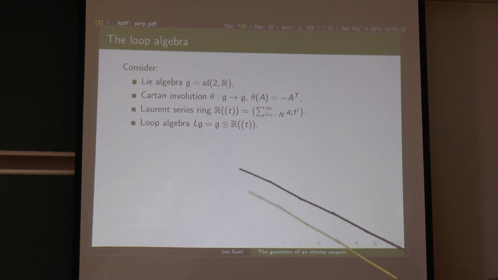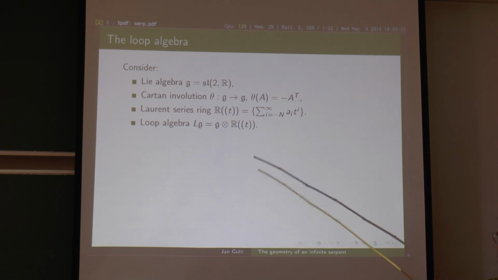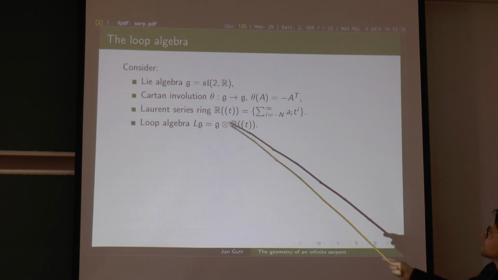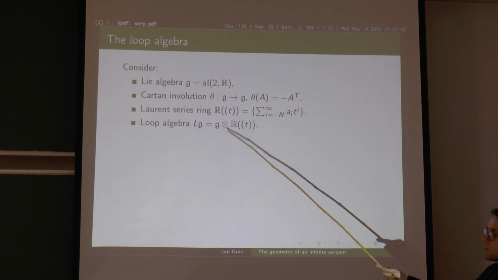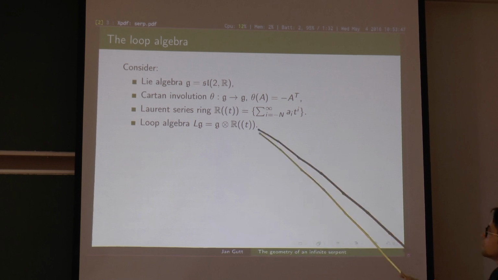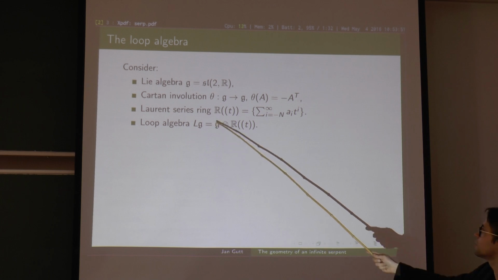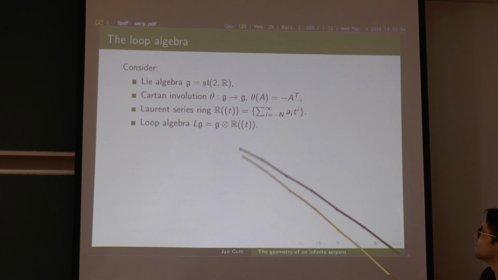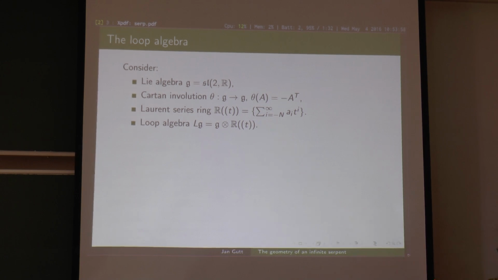If you allow your imagination to think of these as functions with values in G, with some variable t, then the Lie bracket is just pointwise with respect to t. Which just means that if you want to take a Lie bracket algebraically, you take a Lie bracket in G and you multiply the power series in here. So that's what you call a loop algebra. That's a Lie algebra still.